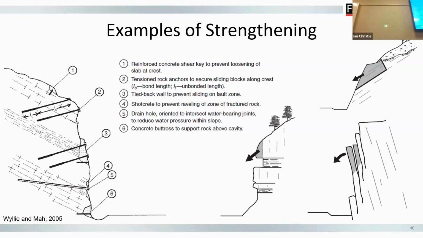Or we can use structural facing, such as sprayed concrete, wire meshes, and waling beams, to provide support to the material at the surface. Again, that would get anchored back into something stable. I'll come back to some more specific examples of this a bit later.